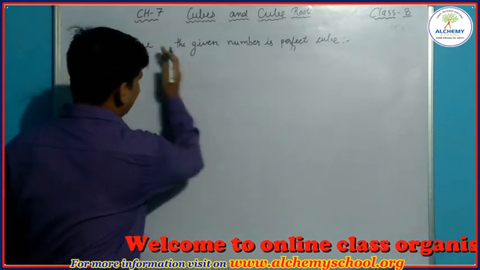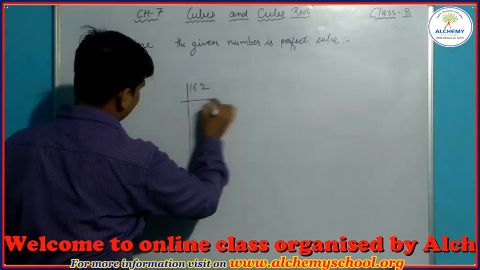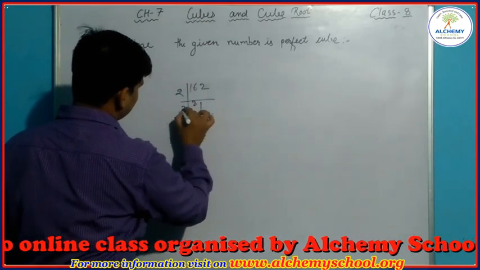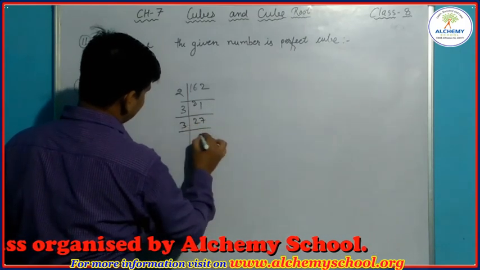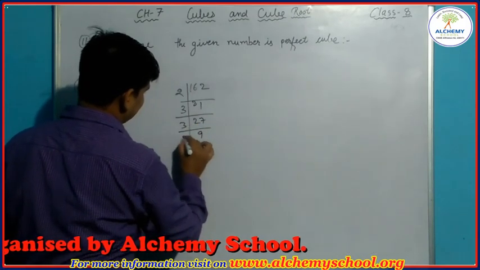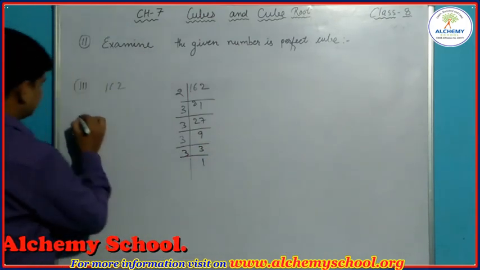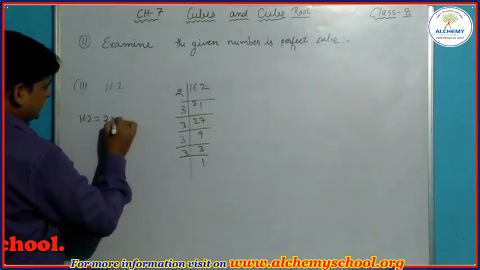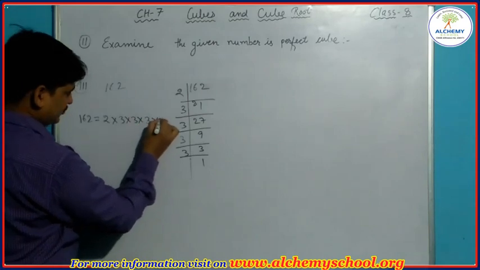First of all we have to factorize it. 2 8s are 16, 2 1s are 2, 3 2s are 6, 3 7s are 21, 3 9s are 27, 3 3s are 9, and 3 1s are 3. So 162 can be written as 2 into 3 into 3 into 3 into 3.